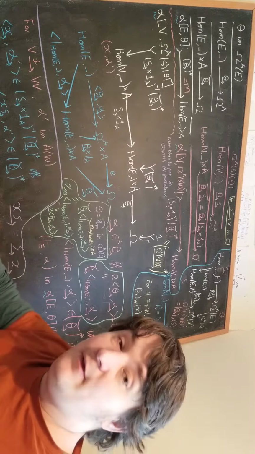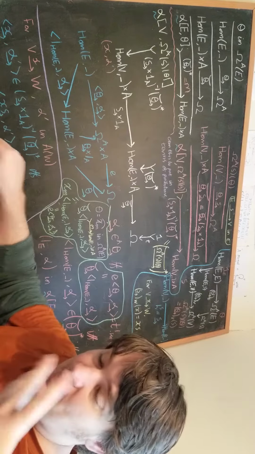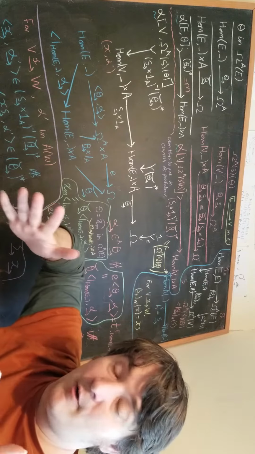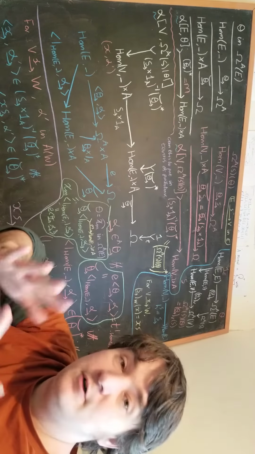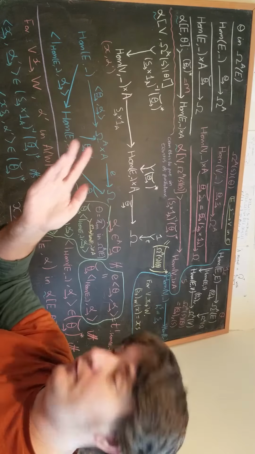Okay, so there are more examples of this that you can find in the video where I go through power objects, and I encourage you to do that because it's very interesting and power objects are really important in topos theory.